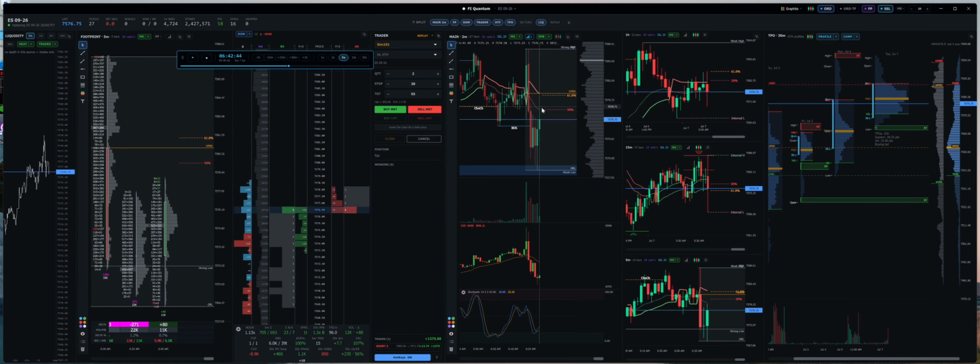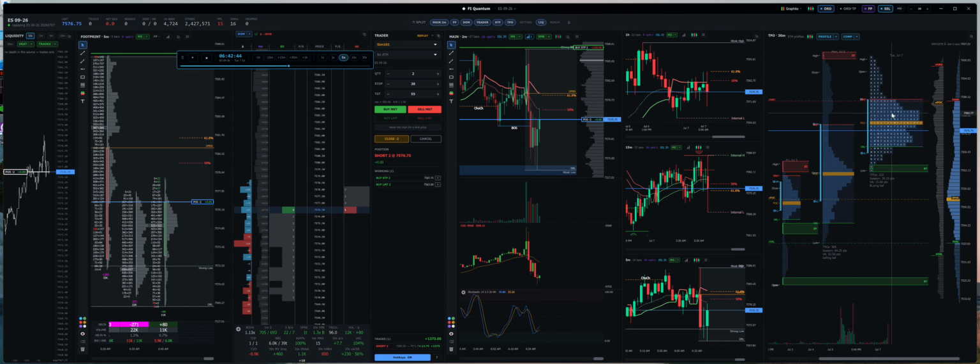Good enough. Okay, a 50% retracement. Now, I'm going to take this short with a stop above the strong high. Now, that's a lot of risk. But again, as I said, MES, right? You can reduce the exposure.